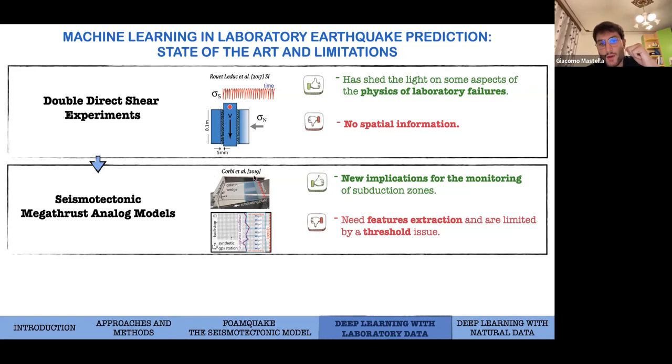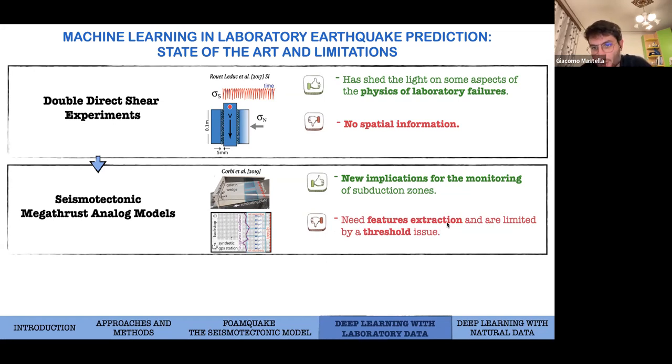But the methods that Fabio Corbi has applied in this context were limited by two main concerns: the previous method needs subjective feature extraction and is limited by the need to define a threshold to identify laboratory earthquakes before the application of machine learning.